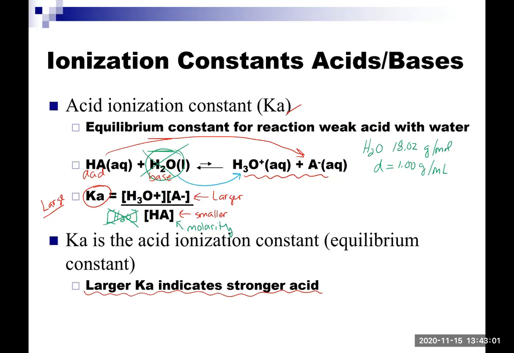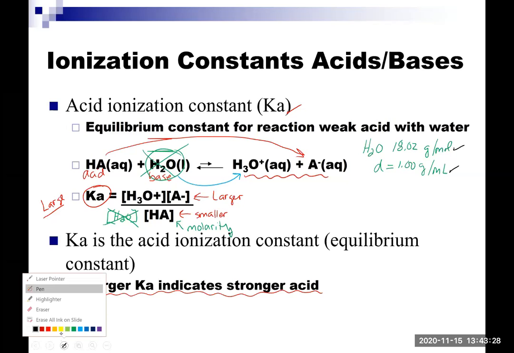If we were to figure out the molarity of water, well, we do have in this calculation moles, and we also have volume in mL, and those mL could be converted to liters, of course. And for molarity, the units are moles of solute per liter of solution. So could we figure out what the concentration is of water? And if we can, that means that water has a constant concentration at room temperature.